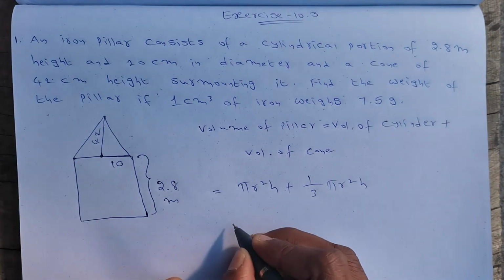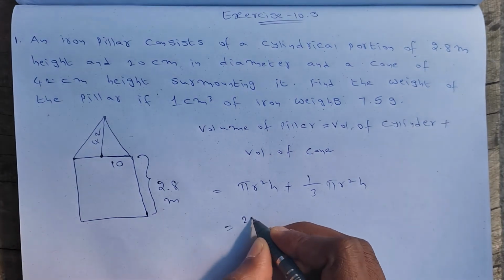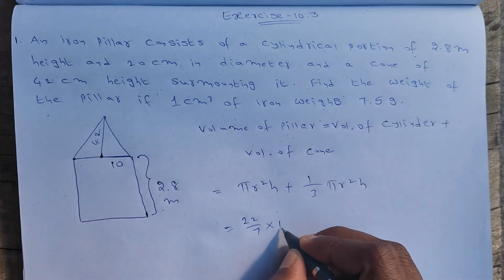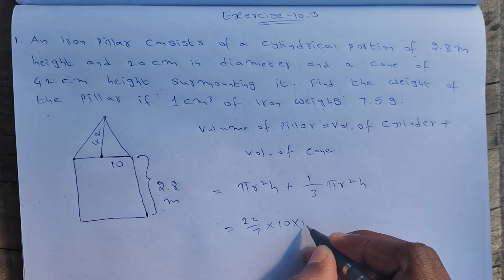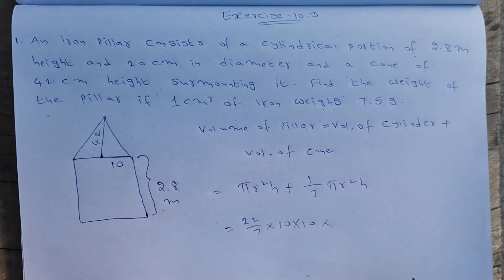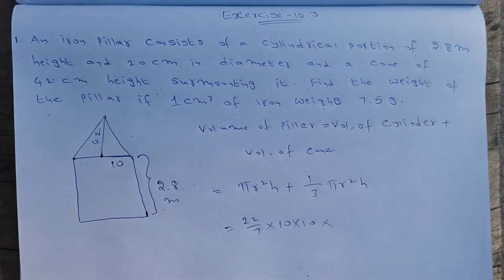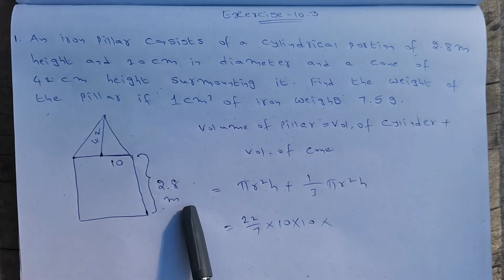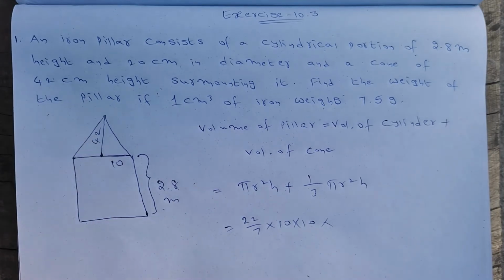Here pi value we know 22 by 7, into radius of the cylinder is 10. Here radius square is there, so 10 into 10, into height of the cylinder is 2.8 meters. Observe clearly. Here height is 2.8 meters, whereas all the remaining measurements are in centimeters.